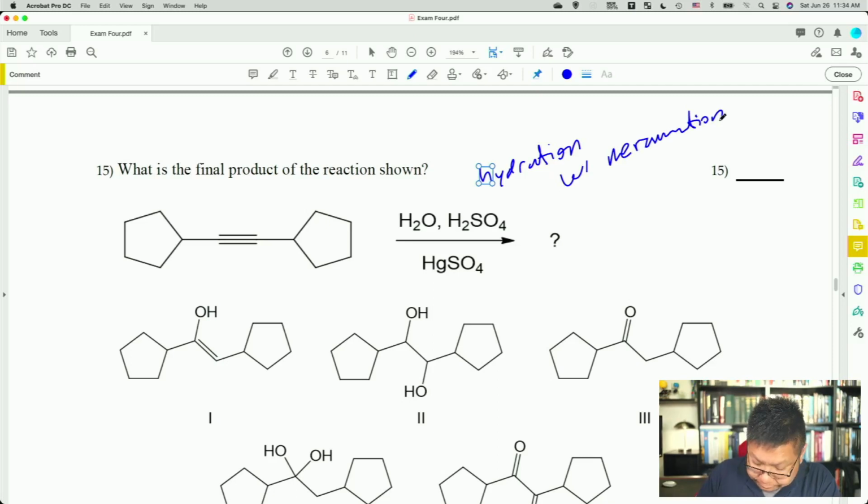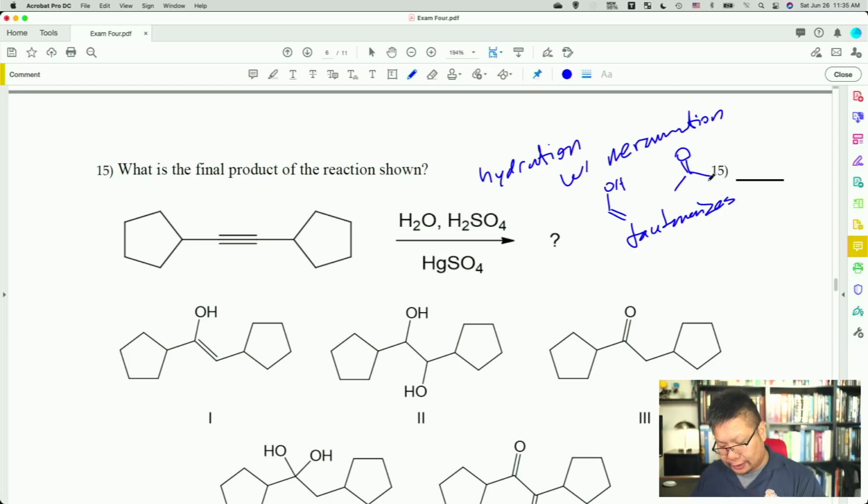And in this reaction, we end up with an enol first, with an OH on a double bond, like that, and then it tautomerizes to the carbonyl.